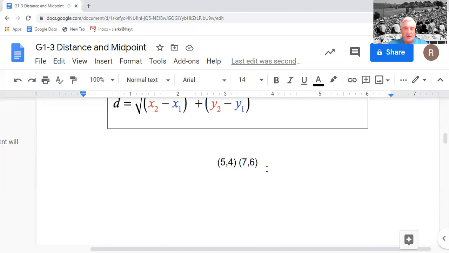So we're going to take the two x coordinates. We're going to add them together. 5 plus 7. And we're going to take the two y coordinates. 4 plus 6. And we're going to divide each of these by 2.